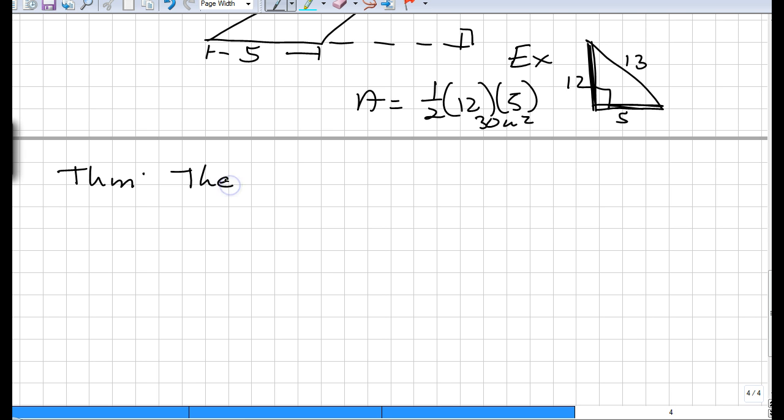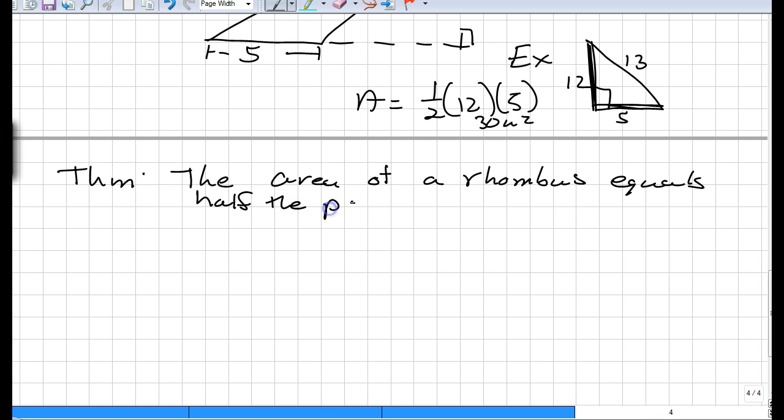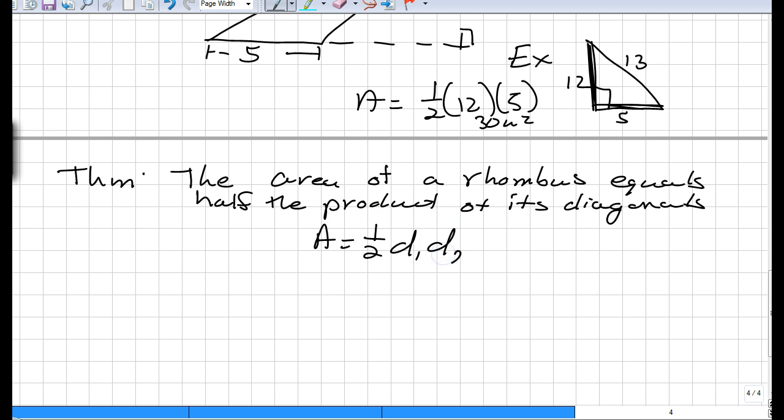So the theorem says the area of a rhombus equals half the product of its diagonals. In other words, area is equal to 1/2 d1 times d2.